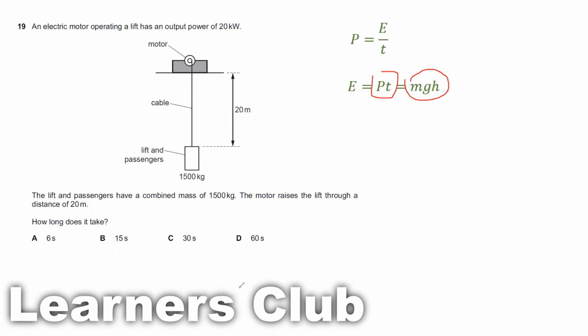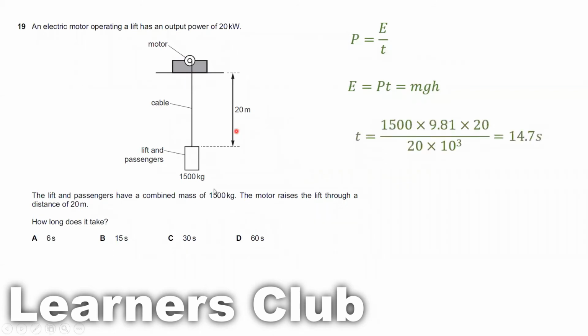Substitute all the values and make time the subject. So in place of mass, we have 1,500, g is 9.81, the height it is lifted through is 20 meters, divided by the power of 20 kilowatt.